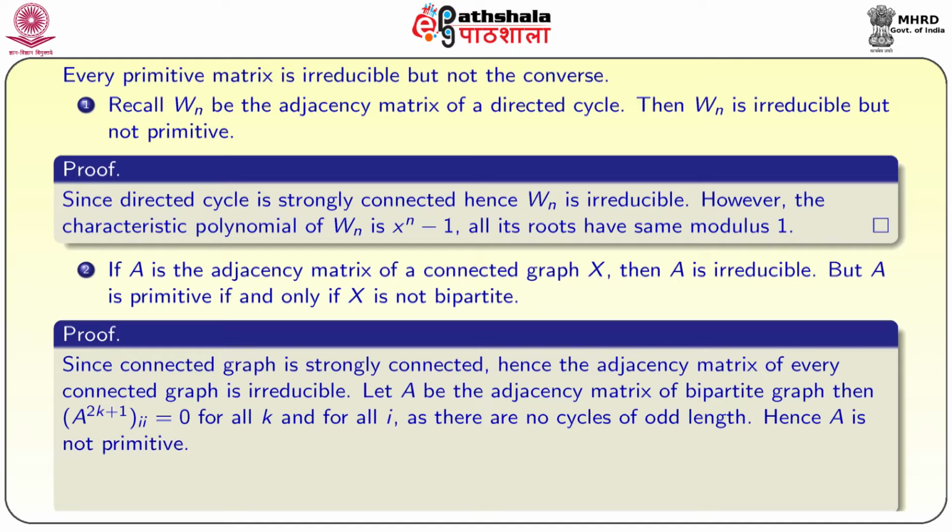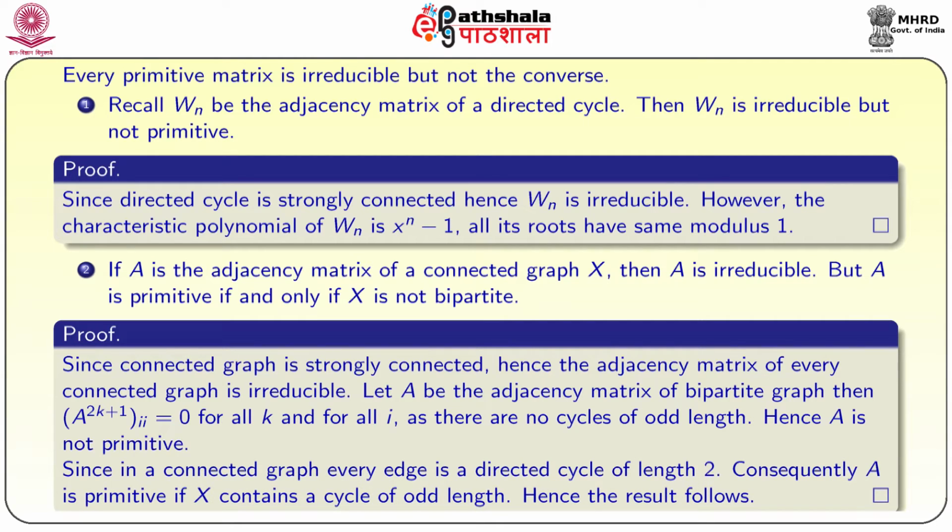So, consequently, the diagonal elements in A power 2k plus 1 are 0 for all k, hence A is not primitive. Since in a connected graph every edge is a directed cycle of length 2, consequently A is primitive if X contains a cycle of odd length, hence the result follows.